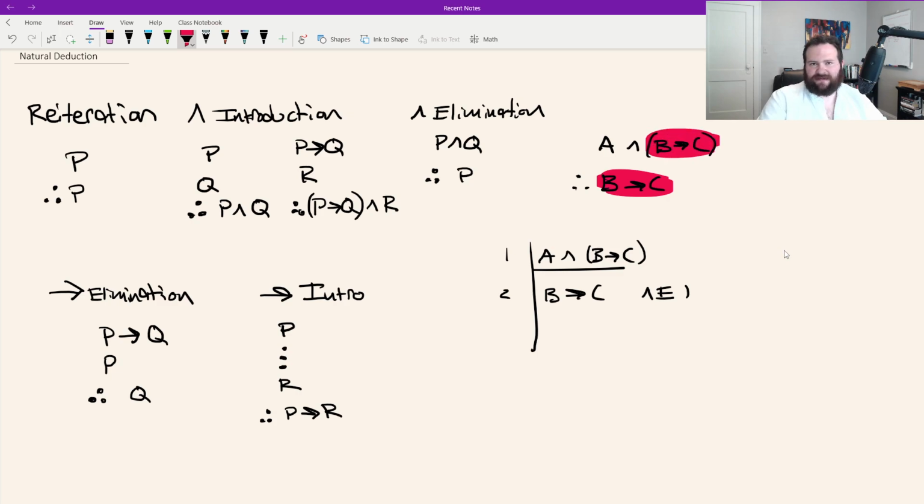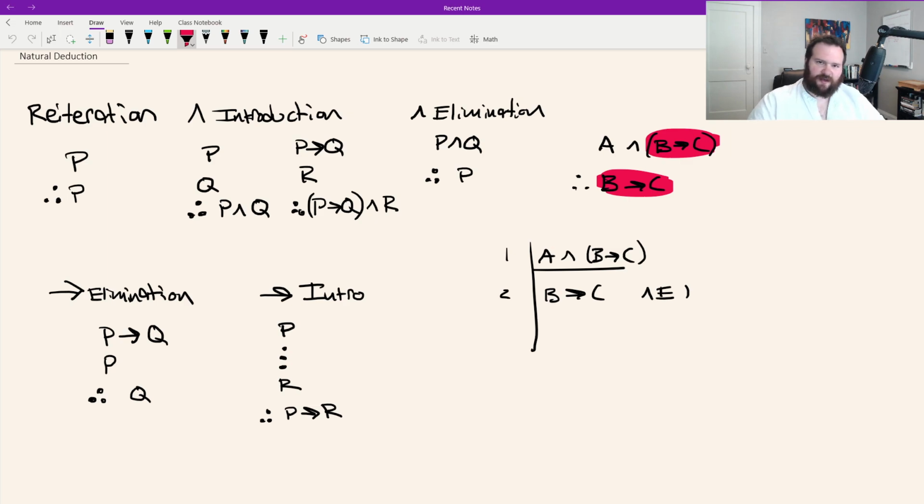If it appears as some element of a premise, then you might not need to use conditional introduction. But if the entire conditional does not appear anywhere as an element of a premise, you very, very likely will need to use conditional introduction. Again, there might be some minor exceptions, but that's a good general rule.